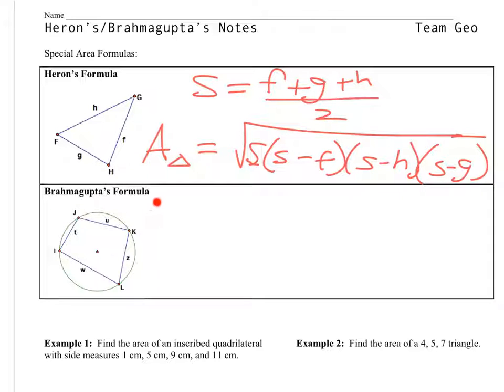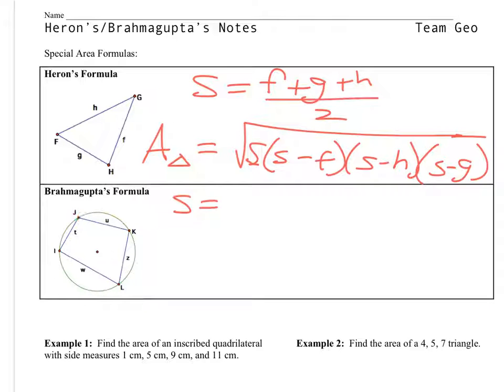Okay, next one is just fun to say: Brahmagupta's formula. So everybody say Brahmagupta. Brahmagupta. All right, so for Brahmagupta, we need the semi-perimeter as well. However, this is important, this is only for a quadrilateral that is inscribed in a circle.